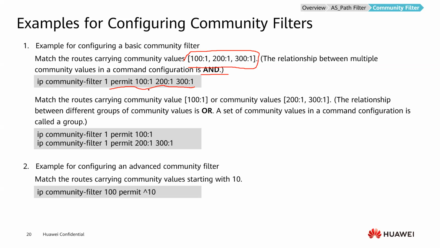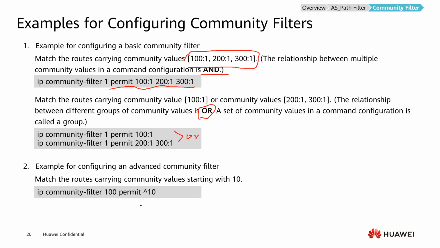That means you need to match a route with the first, the second, and the third community attributes, all of them, because the relationship between them is AND. And the second is OR. That means you create several rows, and the relationship between different rows is OR. You can match any one of them to match the community attribute.